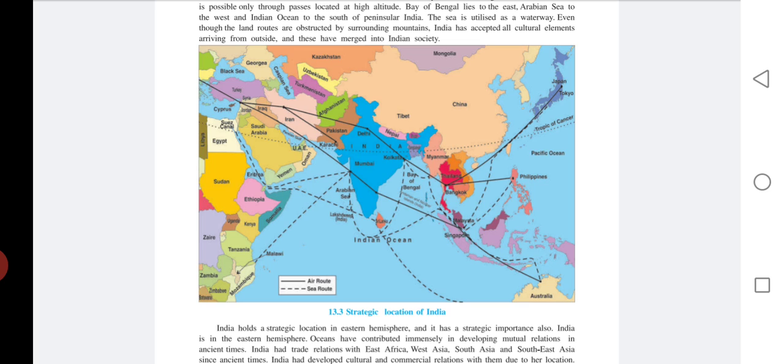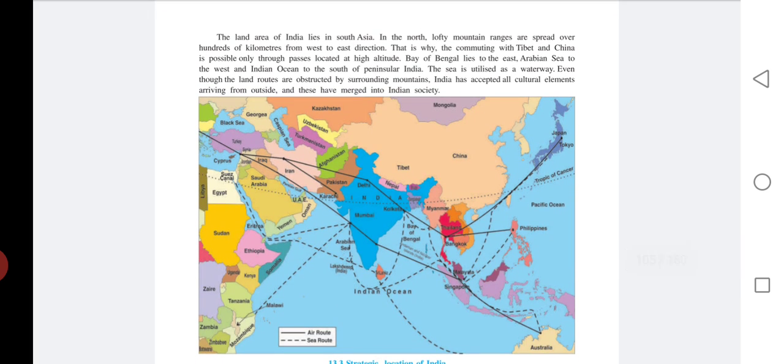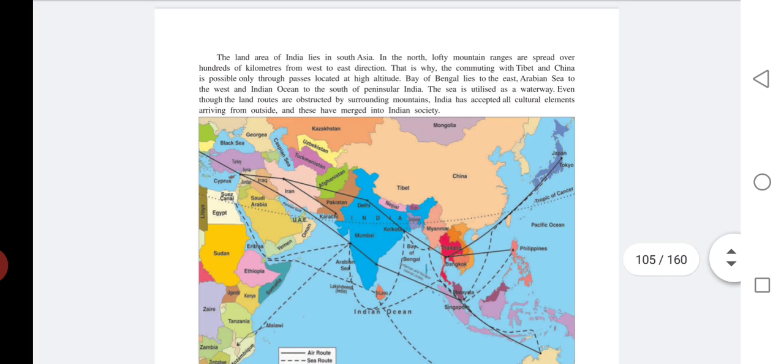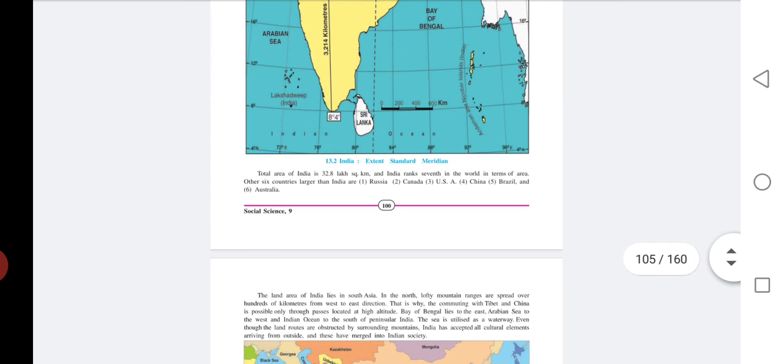Now see, you find the peninsula, right? So that is covered on three sides. That's called a peninsula. It's a geographical term. If we talk about the southern part, then it's a triangle, right? Sri Lanka, the neighboring country, lies below.